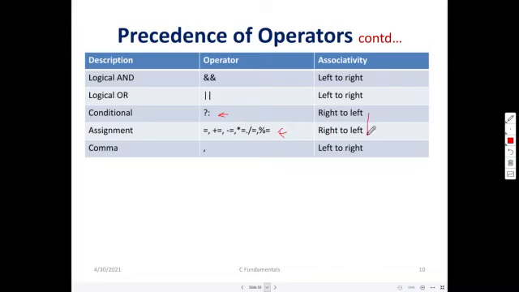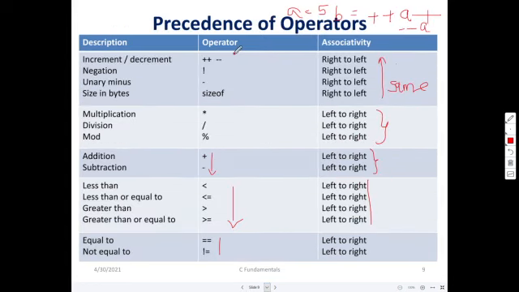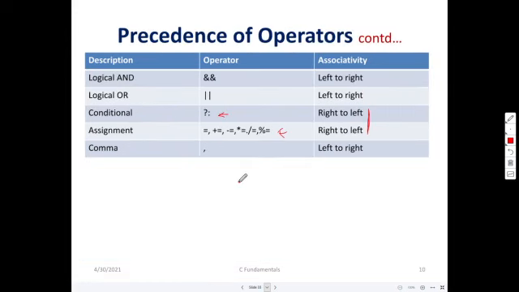These two are right to left. Conditional operator, assignment operators, and unary operators. All these things are unary operators. Unary operators, conditional operator, and assignment operators will have right to left associativity. All others are left to right associativity.